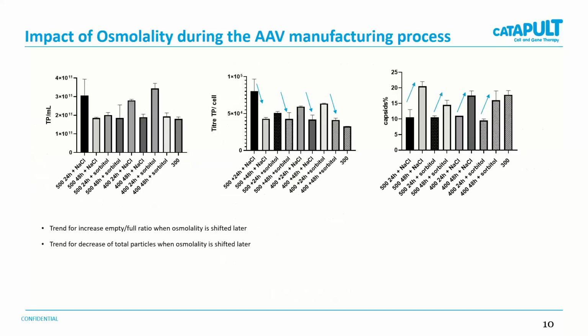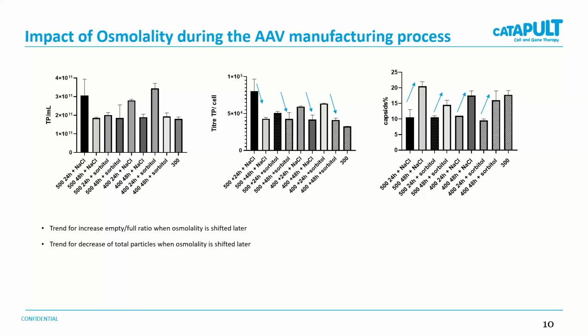So for this experiment, finally, I want to show you something about empty full ratio, because it's something we would like to increase in AAV manufacturing. We want more full, obviously. On the left graph, you can see the total particle for all conditions.